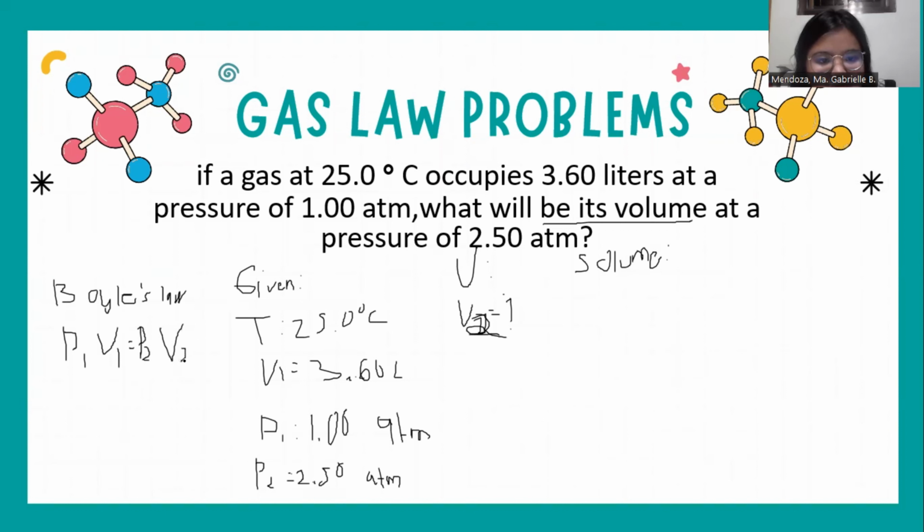So, to derive for the formula of V2, since nakikita naman natin dito na katabi ni V2 si P2, therefore, we need to divide both sides by P2. Cancel si P2. So, therefore, V2 is equivalent to P1 V1 divided by P2.